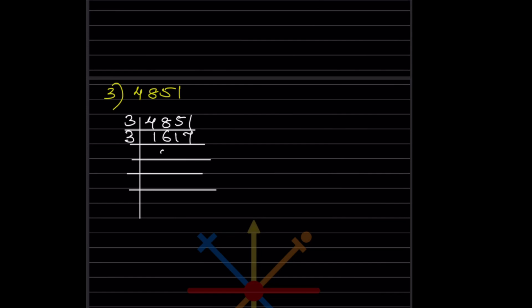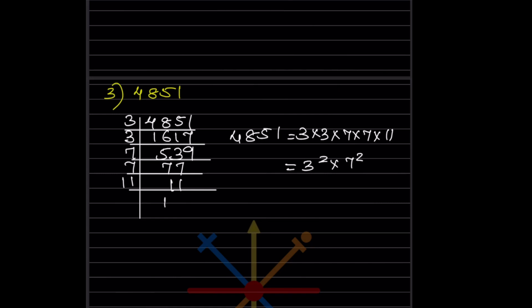Then 3 will be 3 5s are 15, and 9. Now this should go with 7 because this is not possible with 3. You can check it. So this will be again 7 and 11. So 4851 will be 3 into 3 into 7 into 7 into 11. So this will be 3 square into 7 square into just 11.